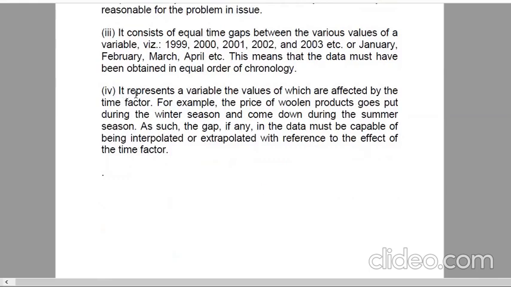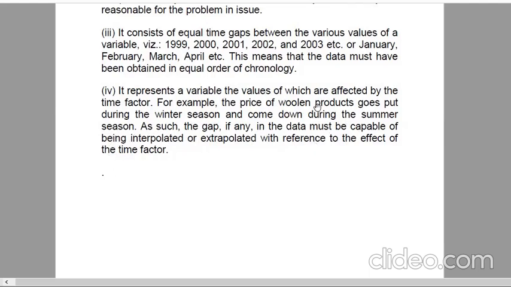Now, fifth point, it represents a variable, the values of which are affected by the time factor. For example, the price of woolen products goes up during the winter season and comes down during the summer season.